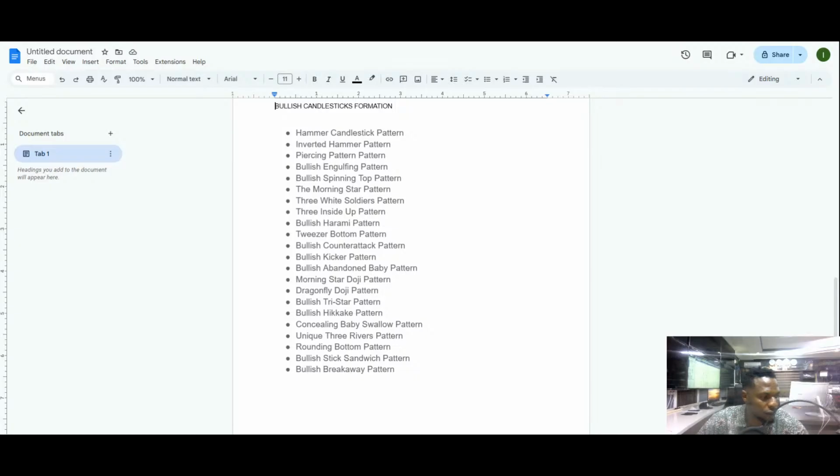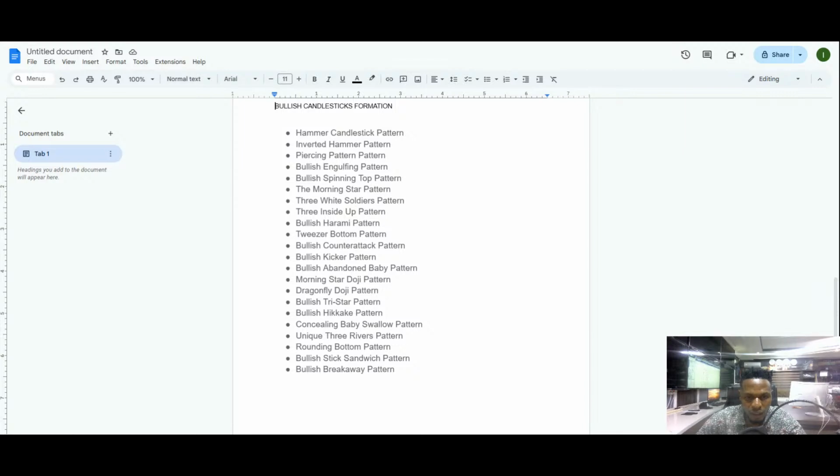These are bullish candlestick pattern formations. Okay: hammer, inverted hammer, piercing pattern, bullish engulfing, bullish spinning top, morning star, three white soldiers, three outside up, three inside up, bullish harami, tweezer bottom, bullish counter attack, bullish kicker, bullish abandoned baby, morning star doji, dragonfly, three star or tristar.